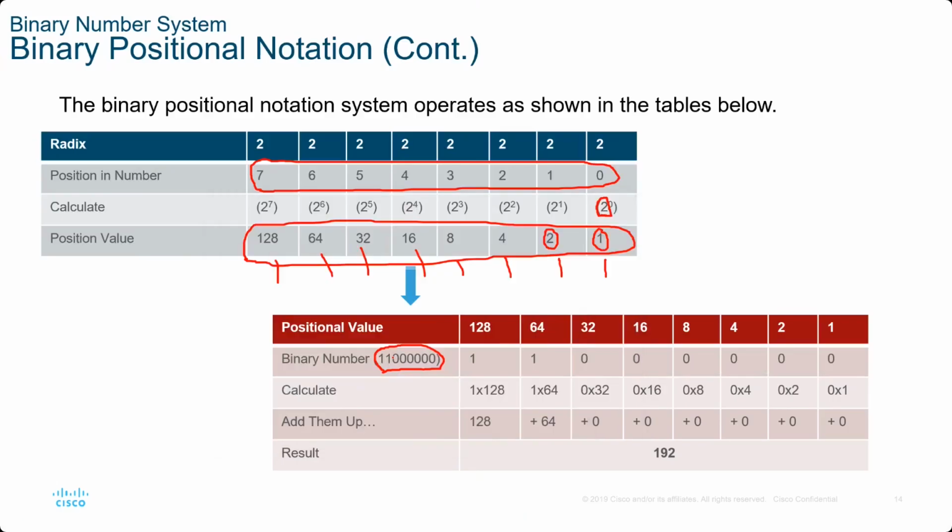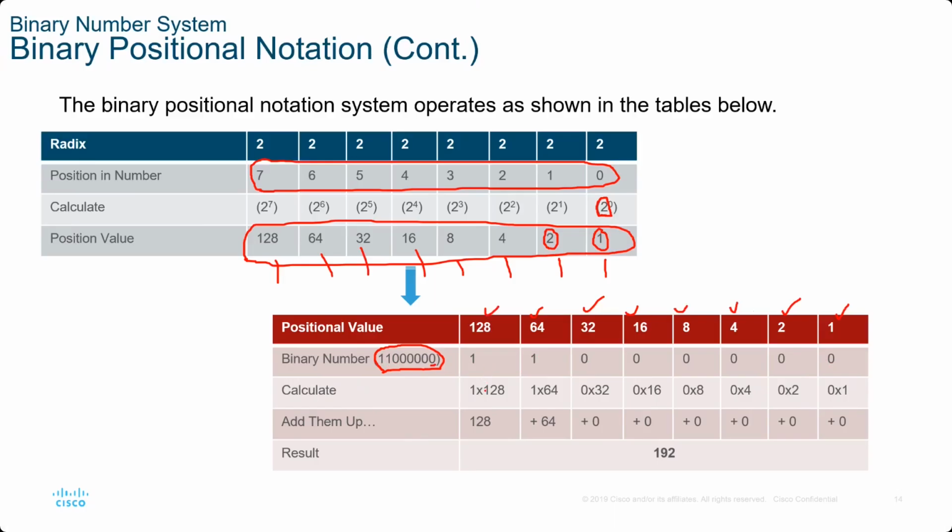So if you want to convert an octet from binary to decimal, you just put the bits in their proper positional values. On top of these numbers, you write or memorize these: the first position's value is 1, the second is 2, and 4, 8, 16, 32, 64, 128. And you write down this number just below its own position. So it is 1, 1, and 6 zeros.